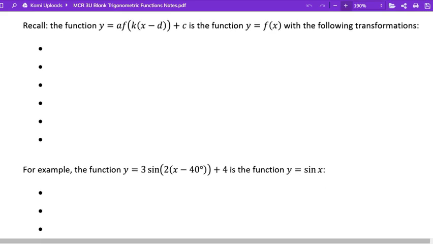Let's first recall this function notation, y equals a f of kx minus d. We call this function notation because there's the symbol of the function in there. It's not the equation, it's just telling us the transformations.